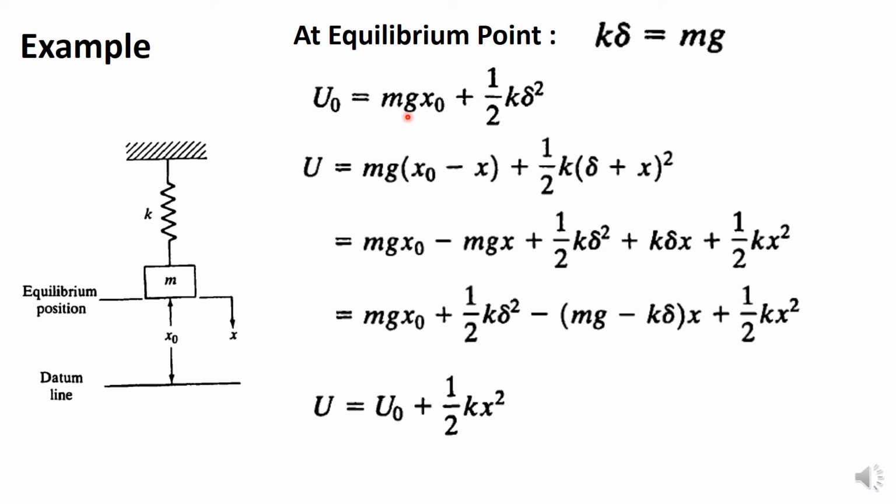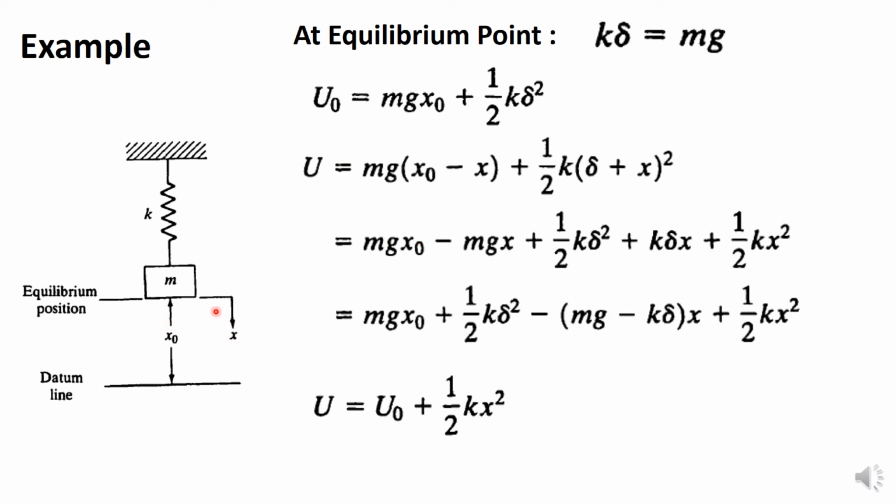If your position is here in the equilibrium position, the potential energy should be mg x0 from the gravity term. And we also have the potential energy from the spring term. It will be 1 over 2 k, the displacement power 2, the deflection of the spring.